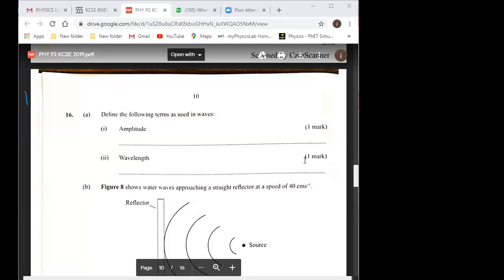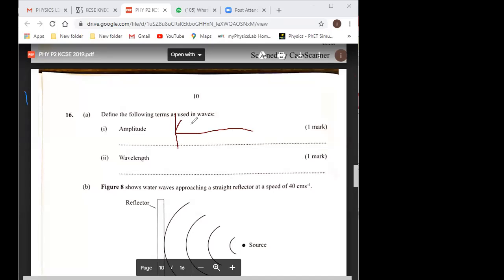Correct. It is the maximum displacement of the wave from the mean position. You're talking about positively or negatively. Let me just clarify on that. For example, let's say this is the graph, and the mean position is this horizontal axis.